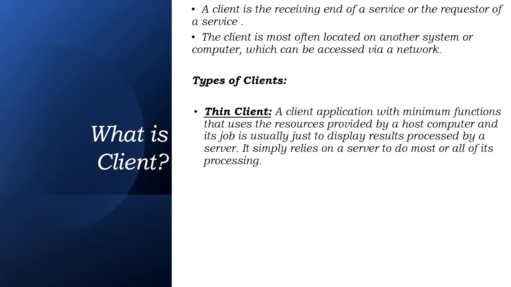It simply relies on the server to do most or all of its processing. So a thin client will not have the memory or the capability to process the result, which means it will just help in displaying the result which is processed by the server.